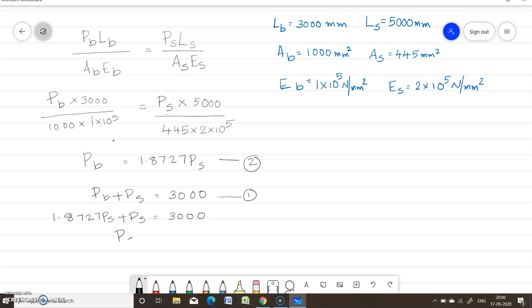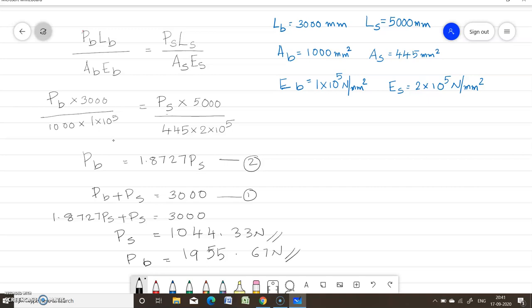So we will get PS, the force on the steel rod, is equal to 1044.33 Newton, and substituting in the first equation you will get PB is equal to 1955.67 Newton.